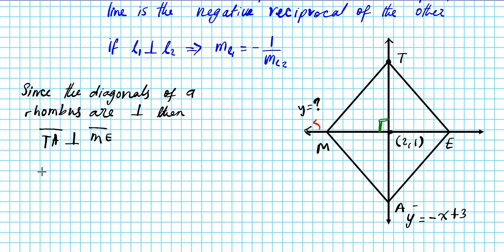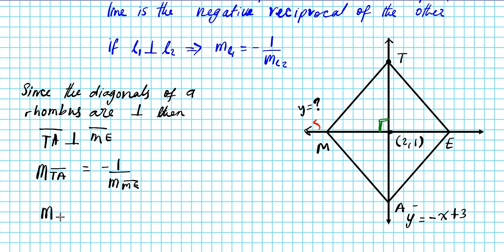So the slope of segment TA is going to be the negative reciprocal of the slope of segment ME. And the reverse is also the case.